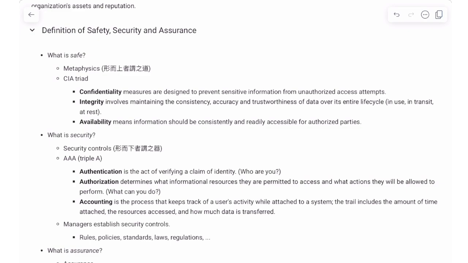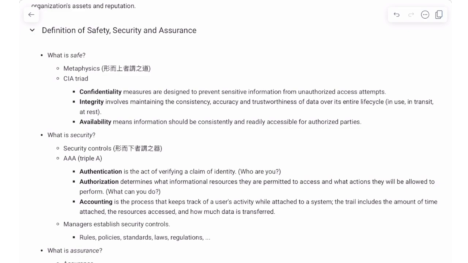So your data has consistency, accuracy, and trustworthiness. The high level managers also need to give such a guarantee to the customer.